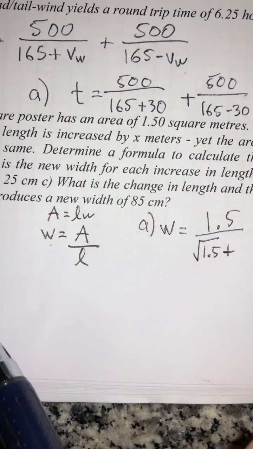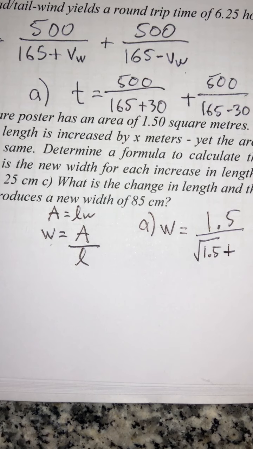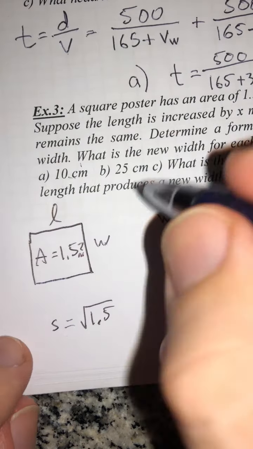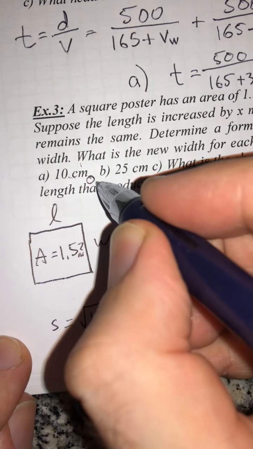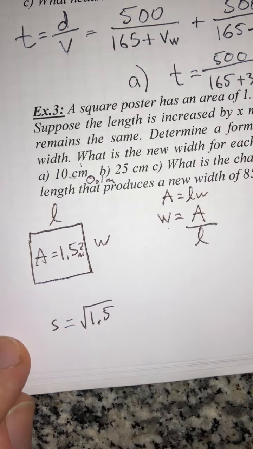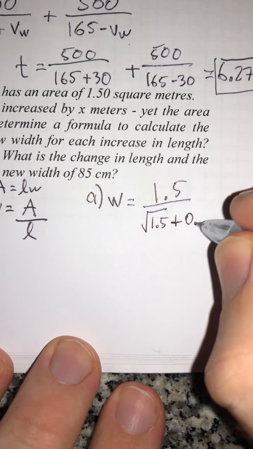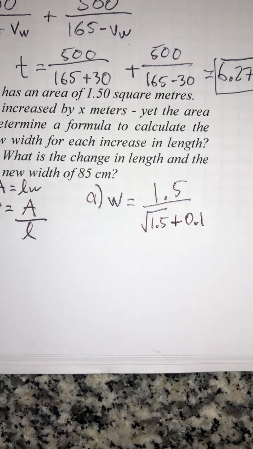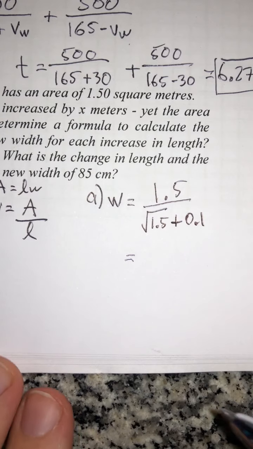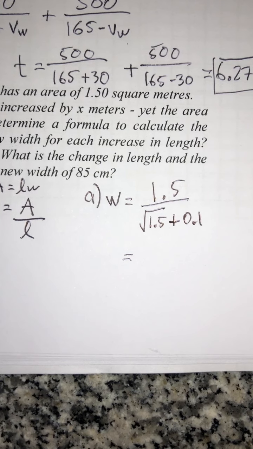The problem is my units are different. Notice my units here are centimeters. I need to change this to meters. So divide by 100, I'd get 0.1 meters. So just be very careful with the unit for that. So plus 0.1, plug that in your calculator, you get some number.